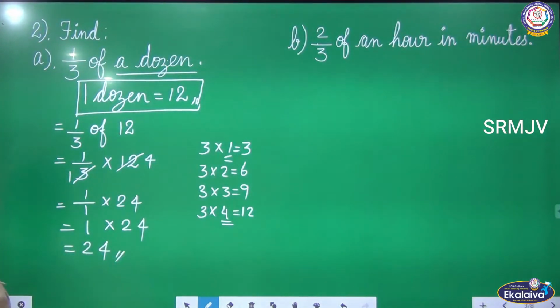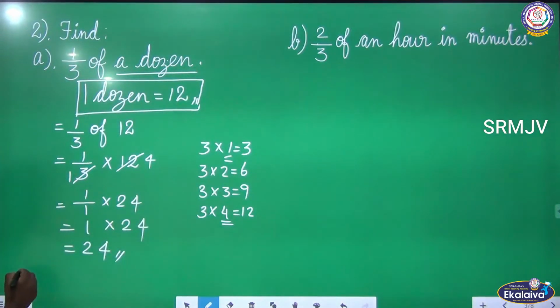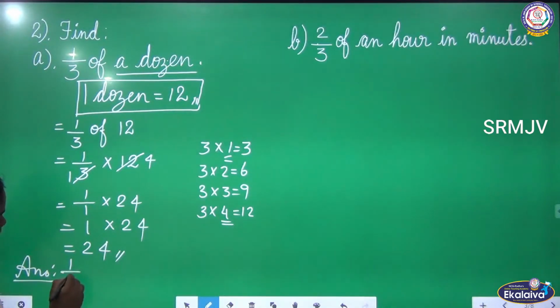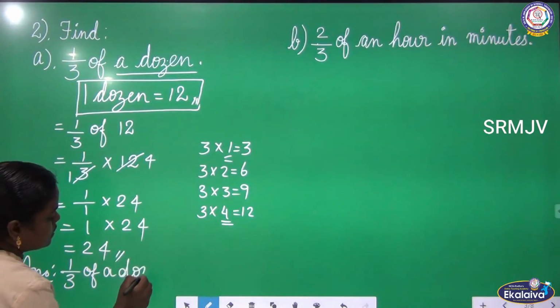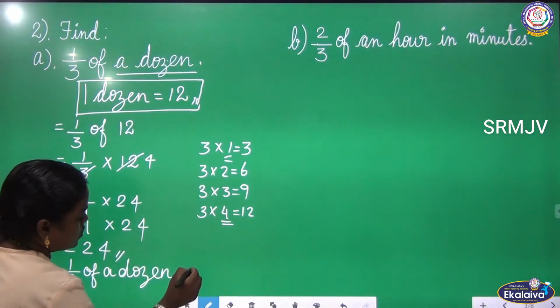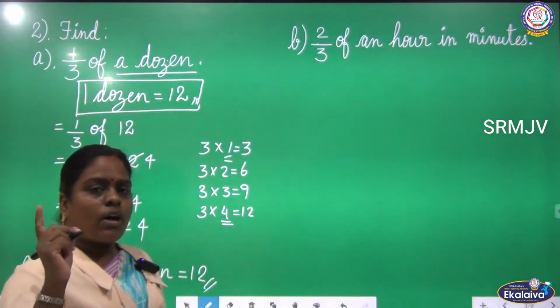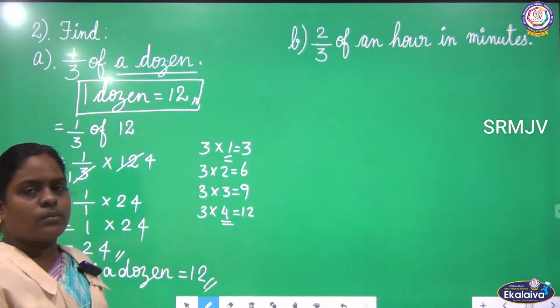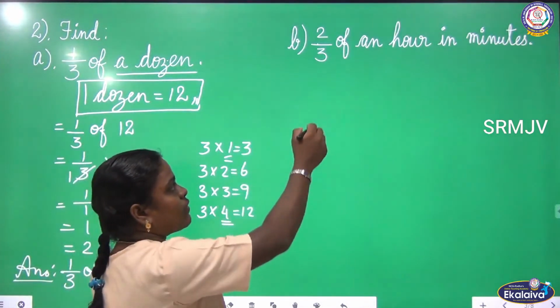So this is the answer. 1 by 3 of a dozen equals 4. Let us write the answer. 1 by 3 of a dozen equals 4. Is this clear, children? You must have a fraction and a whole number so that you can find out the answer. Look at the next question.